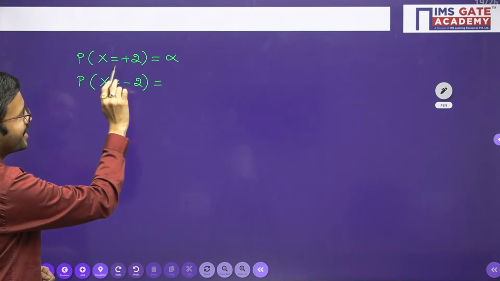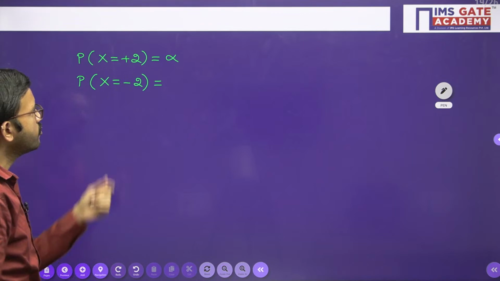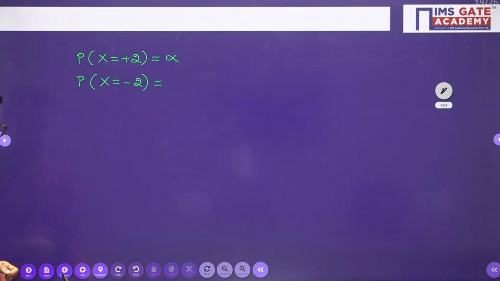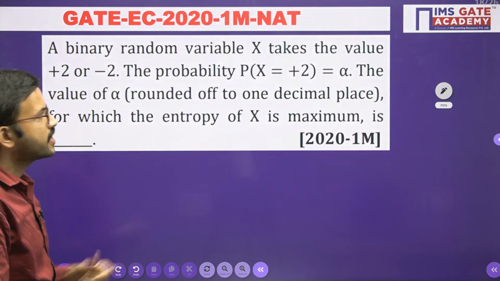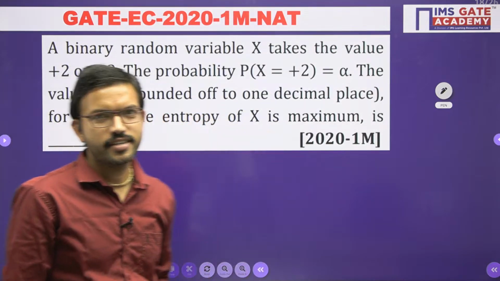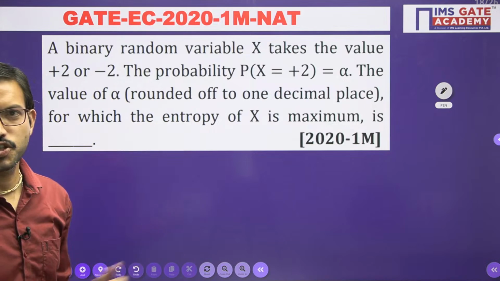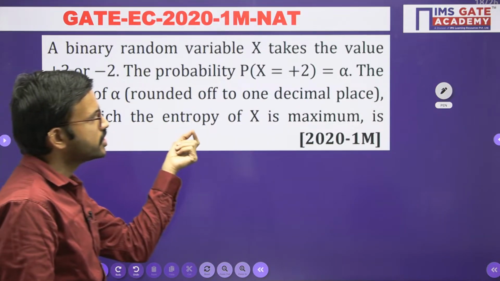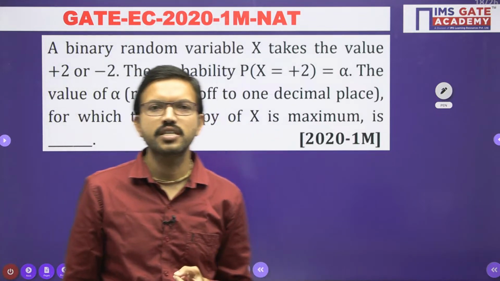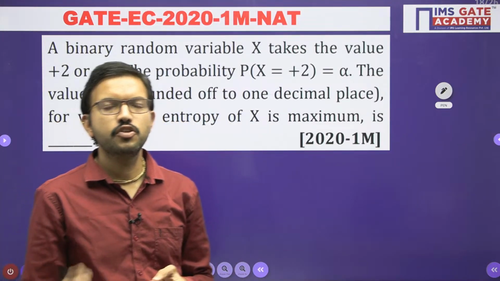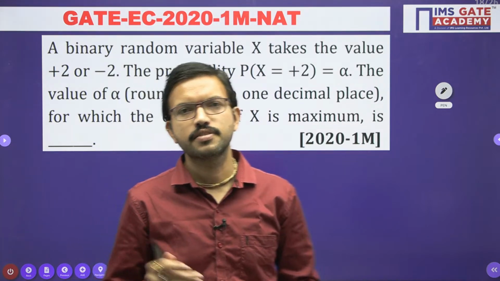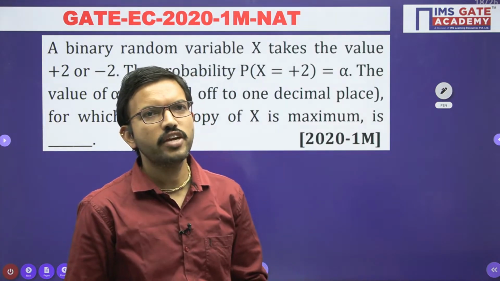They haven't mentioned it in the question, but you can guess based on the previous question. In the previous question, I gave the hint. Even in this question, you can take help from tossing a coin, where you get either head or tail, or tossing a dice. From there also you will get the clue.